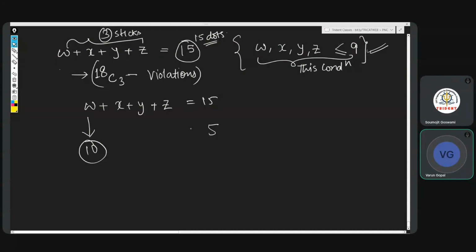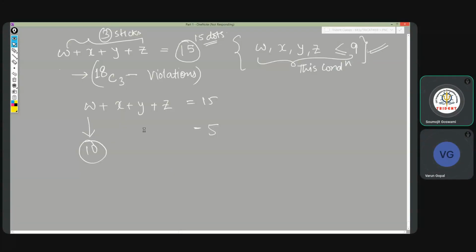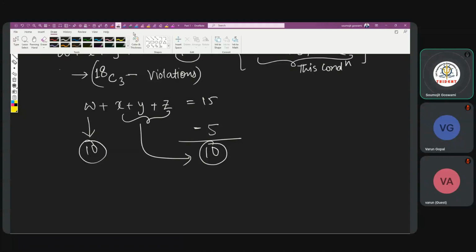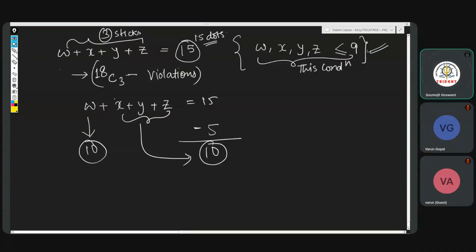Right? Subtract. You'll get 10. What is this? I'm sorry for this. I guess the OneNote is having some issues. Please ignore that. The moment I substitute, okay, guys, can you hear me?